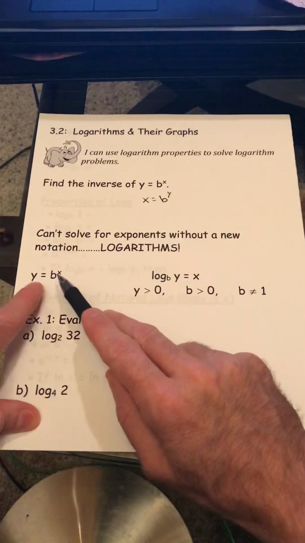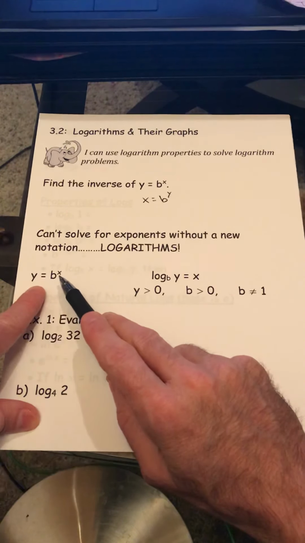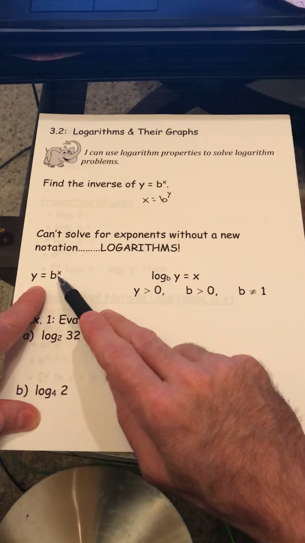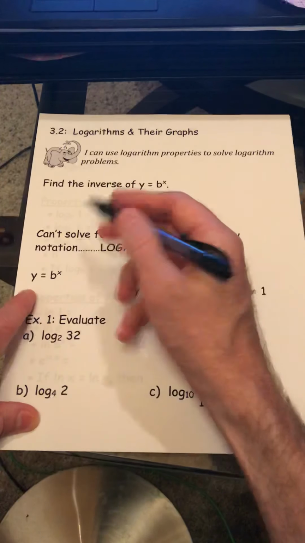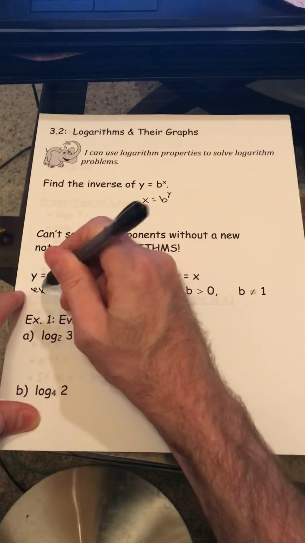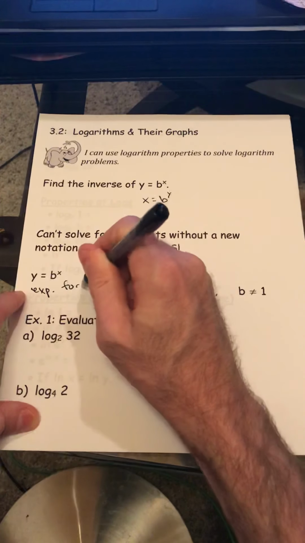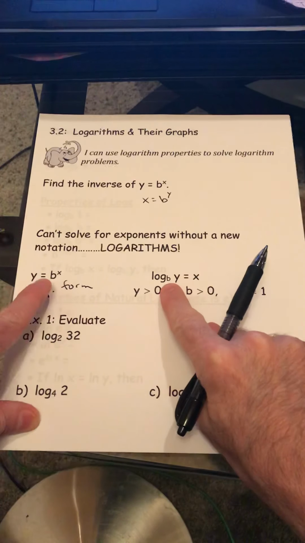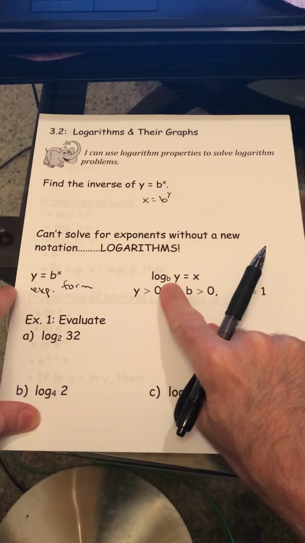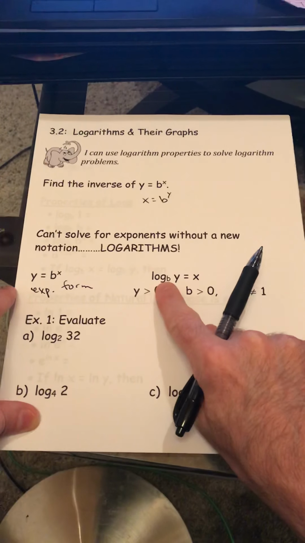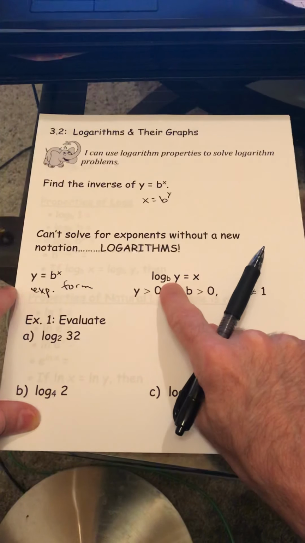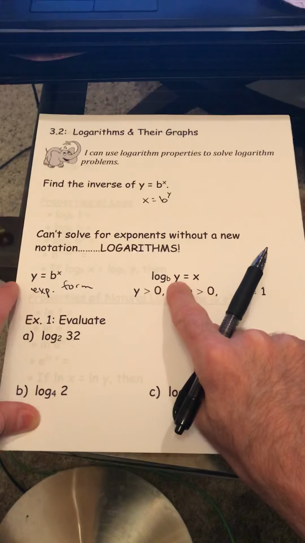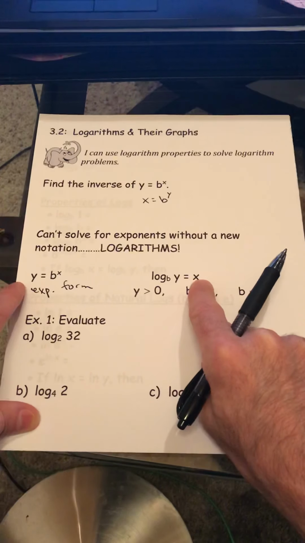If you have something like y equals b to the x, this is in exponential form. We can rewrite that exact same expression in log form by writing it as log base b of y equals x.